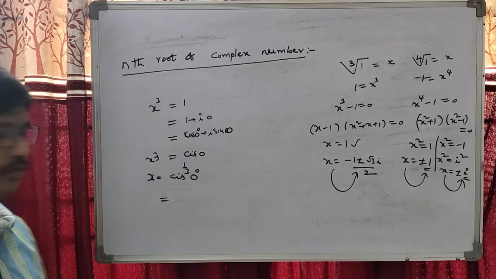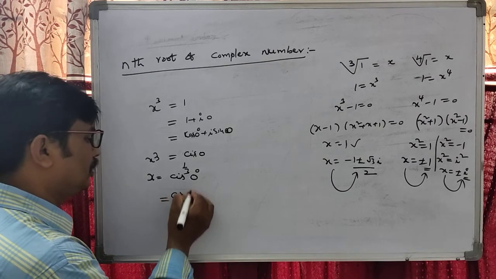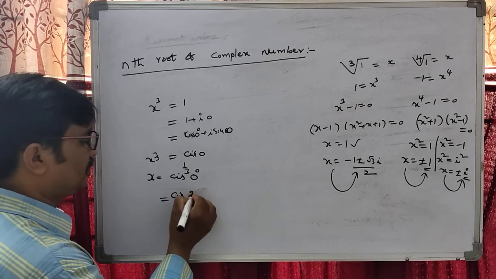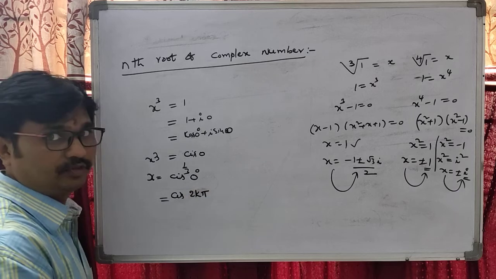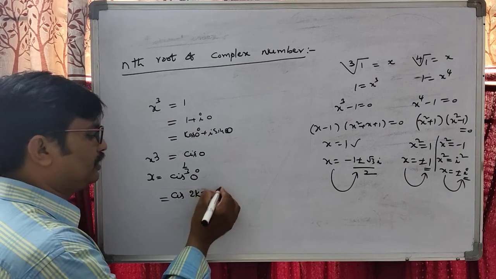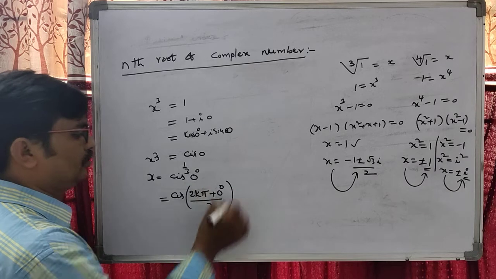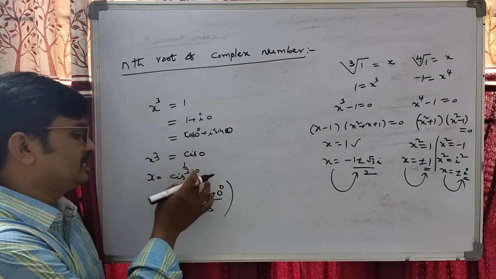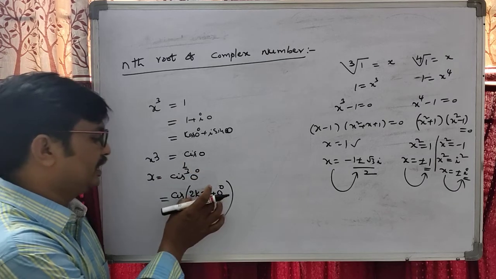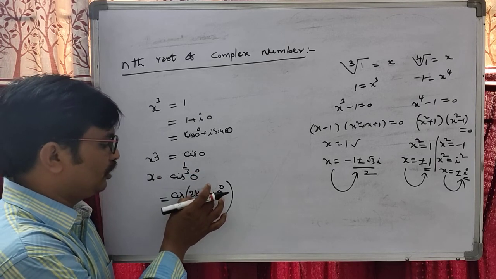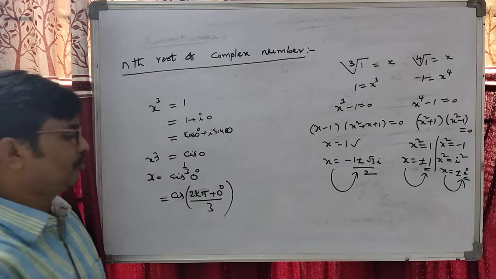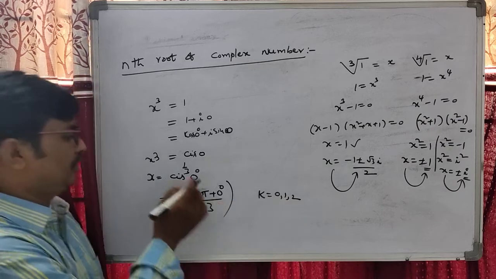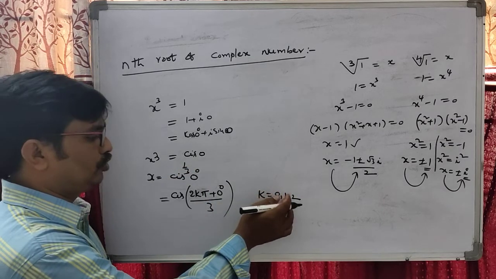There is a form here, cis of 2k pi, the general form: 2k pi plus 0 upon 3. By De Moivre's theorem, cis power n theta is cis n theta, but in the general form we add 2k pi, giving 2k pi plus 0 by 3, where k is 0, 1, 2.